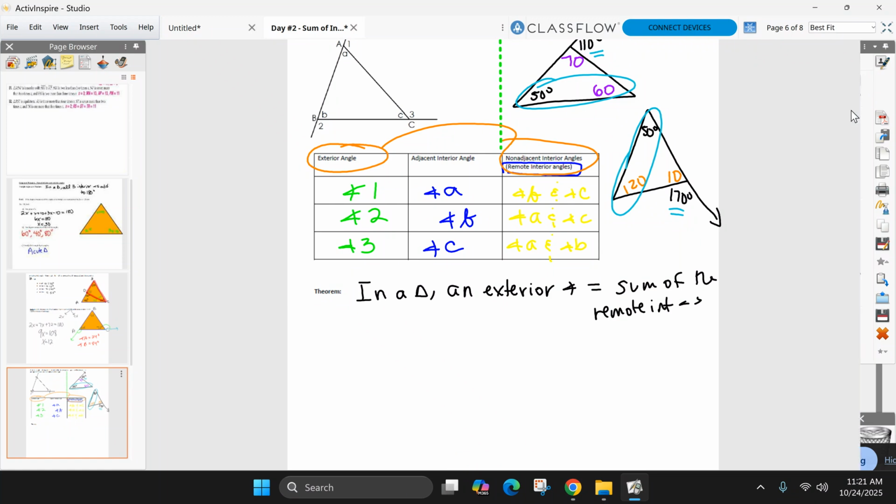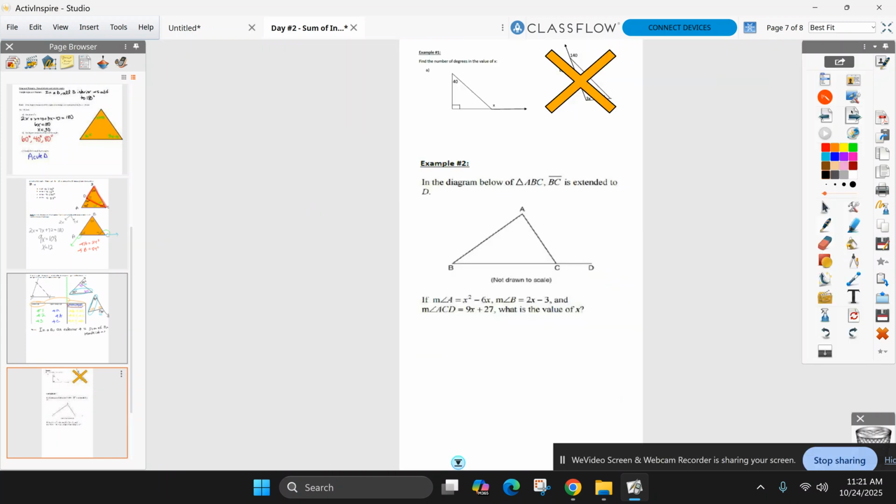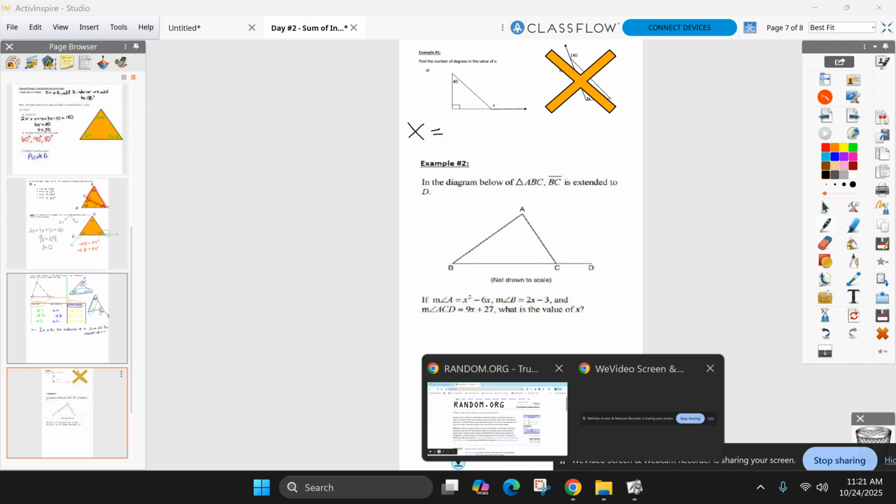All right, let's try it out now. On example 1, I want to use the theorem. I don't want you to find the remaining interior, then find its exterior. I want you to use the theorem we just had, which says exterior angle, X, equals the sum of the two remotes, which are what in this case?